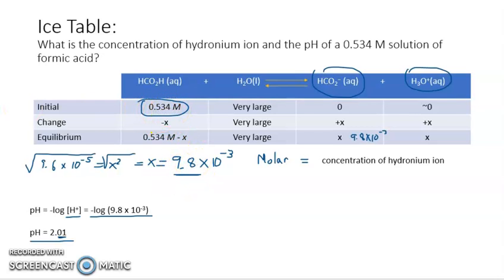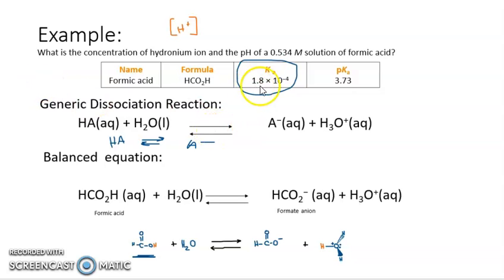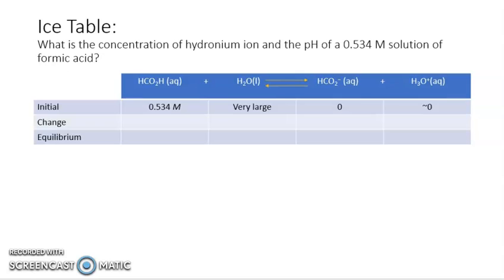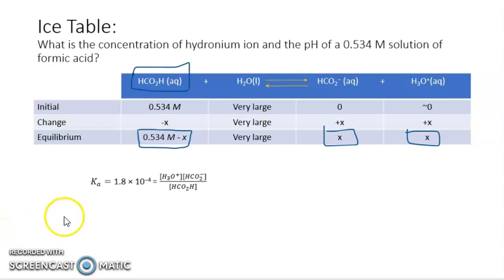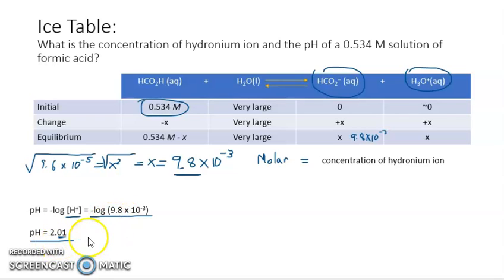Well, if we go all the way back to the Ka value that I gave you at the start, the Ka is two significant figures. So when we set up this expression with Ka, it's these two significant figures that determine that our final answer is going to have two significant figures in the mantissa.